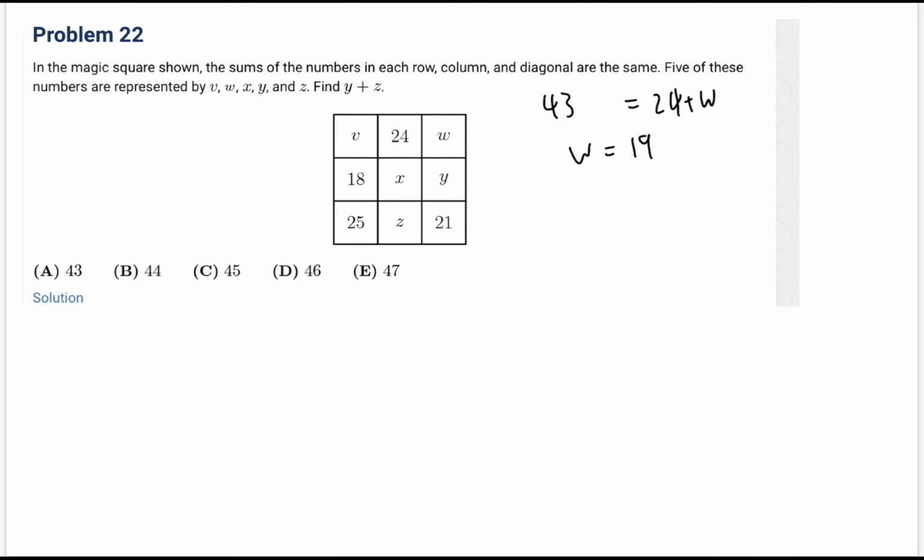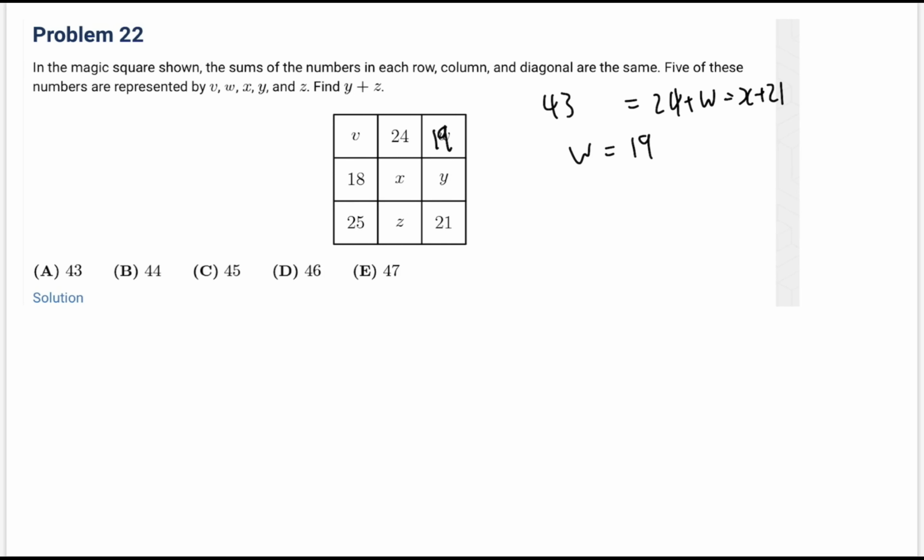So w is 19. And then what we have is, it's also the same as v plus x plus 21. So if we take out the v, this is x plus 21, right?